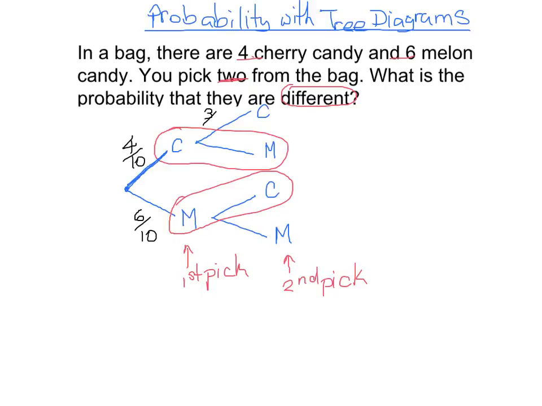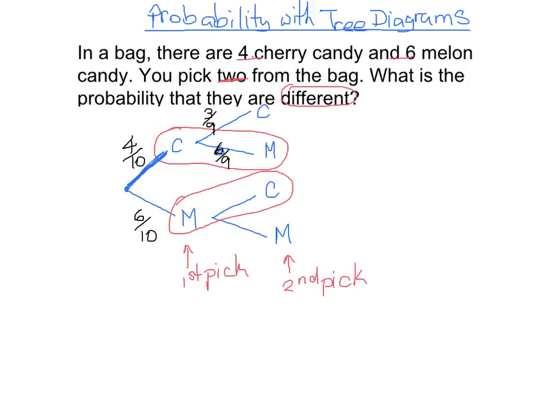And overall, there would be 1 fewer candy, so it would be out of 9. But again, if you went up that branch, that means you did not mess with the melon at all. You did not pick a melon. There were 6 melon before, there's still 6 melon. So the chance here of picking a melon is still 6, but now out of 9 because you had chosen a cherry.